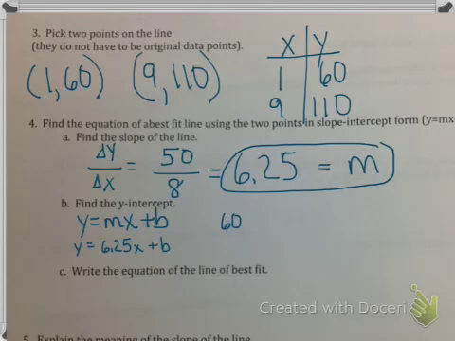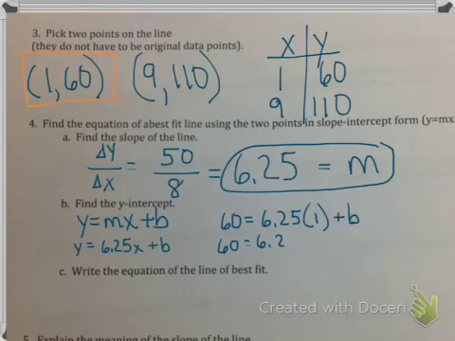And if you remember, we then go back and use one of our points, and I have an orange highlighter, we're going to use our point for 1 and 60. So we plug in 60 for the y value and 1 for the x, so our new equation looks like 60 equals 6.25 times 1 plus b, and now we need to solve for b.